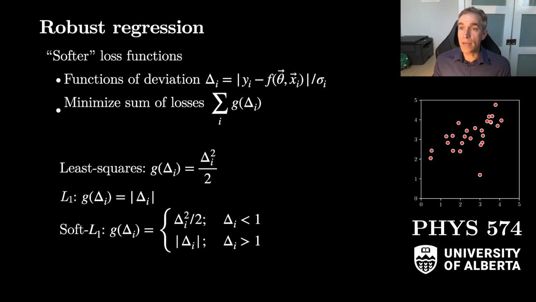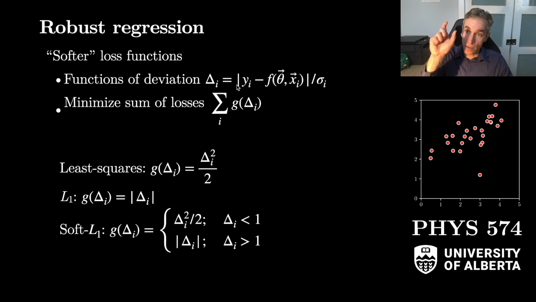Another common approach here is to use what are called softer loss functions in studying the regressions. So a loss function is essentially chi-squared, or chi-squared is an example of a loss function. And it's a function of this deviation. I'll use the delta variable because that's kind of what we did before, which is essentially a function of the data y minus the function of a parameter vector and a data vector x.